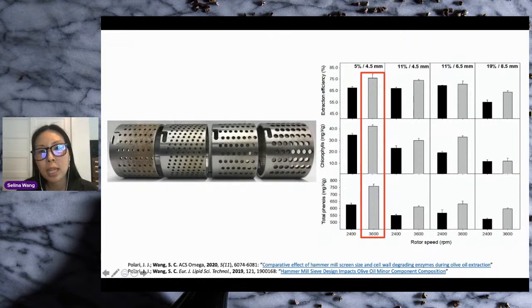This is good news, and it makes sense because smaller grit size and faster speed basically increase the cell wall rupture, so more oil is able to be released from the oil vacuole in the cell. So we're happy with this result because it gives a processor information to make their own decision during processing. And they don't have to sacrifice phenols for yield or vice versa.